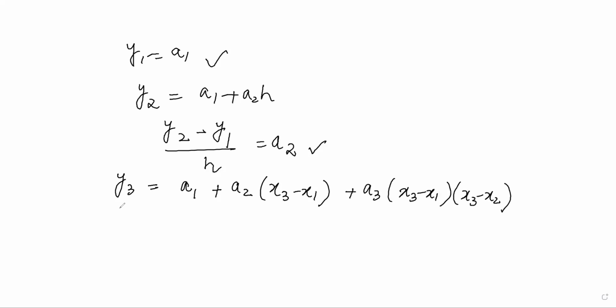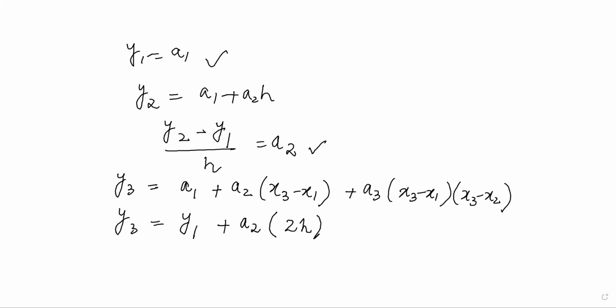So we can write this as y3 is equal to a1, and a1 is y1, plus a2 (x3 minus x1). I will write this as a2, no problem. x3 minus x1 is 2 times h.